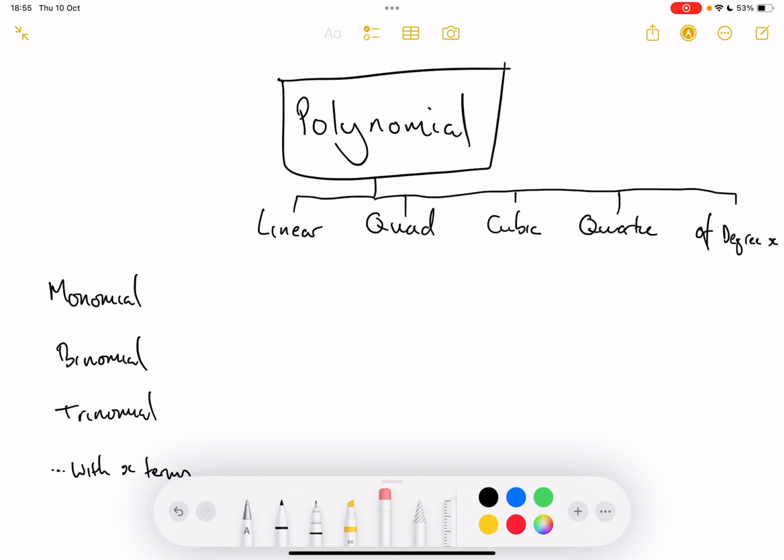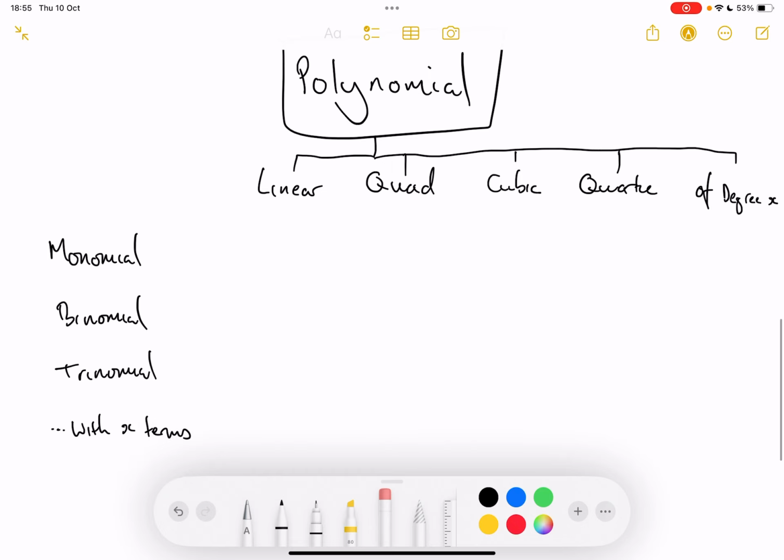And then the other thing I want to get into as well is that depending on how many terms there are, they can be given different names: monomial, binomial, trinomial, and then beyond that it's usually just polynomial with X amount of terms.